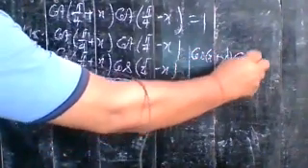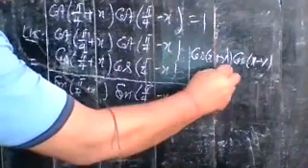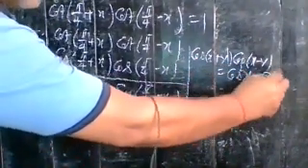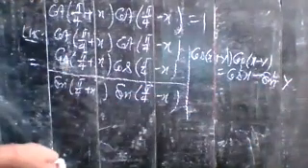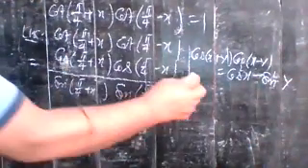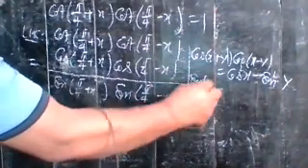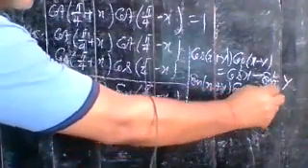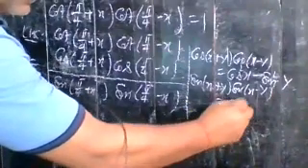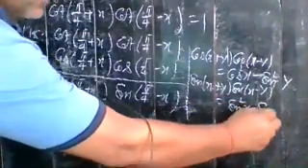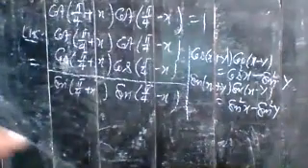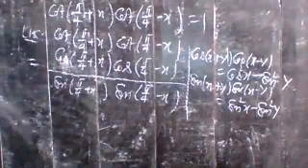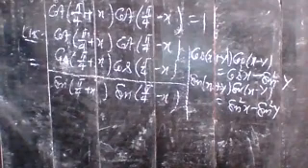And sine x plus y into sine x minus y is equal to sine square x minus sine square y. Learn that formula and apply it here.